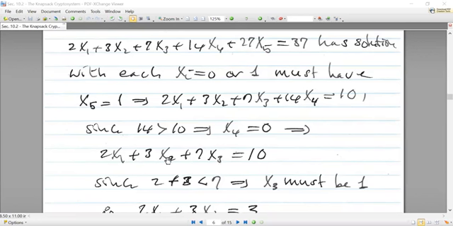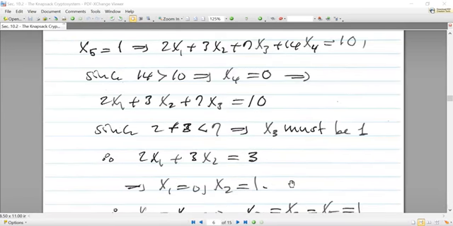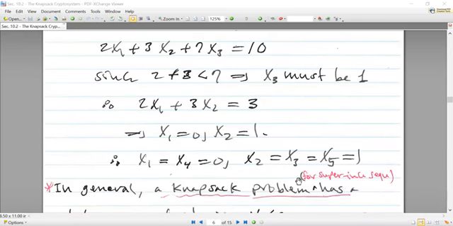Then we need to combine it with either x1 or x2. In this case, we take x2 to end up with 10. So we take x3 to be 1, form another equation, and find that x2 is equal to 1, x1 is equal to 0.